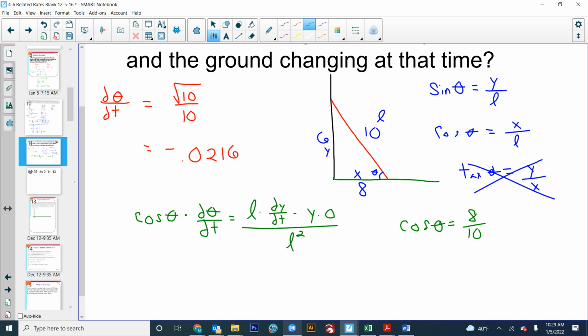So in for cosine of theta, I'm going to sub in 8/10. What's L at the time in question? 10. What's dy/dt? -2. Very good. Over 100, 10 squared.